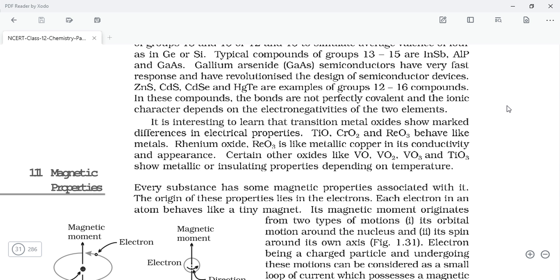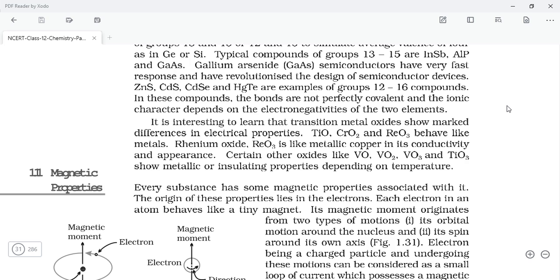TiO, CrO2, and ReO3 behave like metals. Rhenium oxide (ReO3) is like metallic copper in its conductivity and appearance. Certain other oxides like VO2, VO3, and TiO3 show metallic or insulating properties depending on temperature.